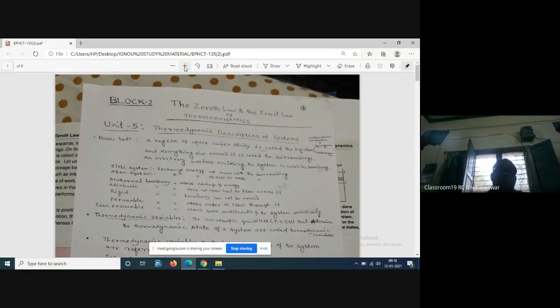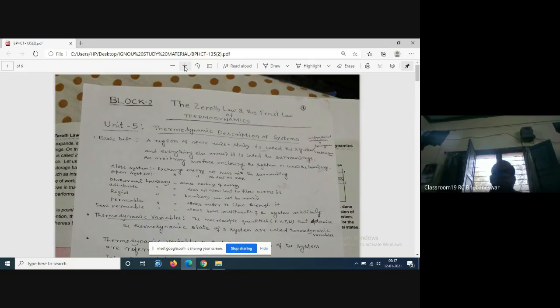Boundaries: we have a diathermal boundary, adiabatic boundary, rigid boundary, permeable boundary, semi-permeable boundary, and so on. If a boundary allows exchange of energy or heat, that is a diathermal or thermal boundary. That is, it is thermally conducting. An adiabatic boundary does not allow heat to flow through it.